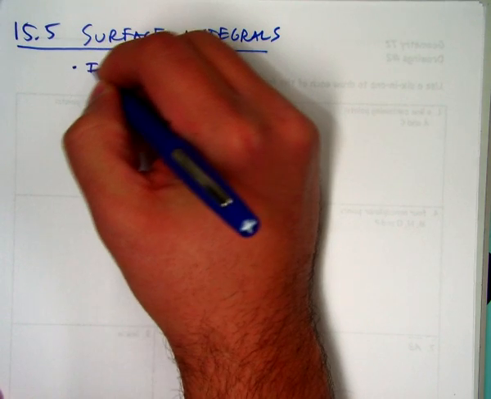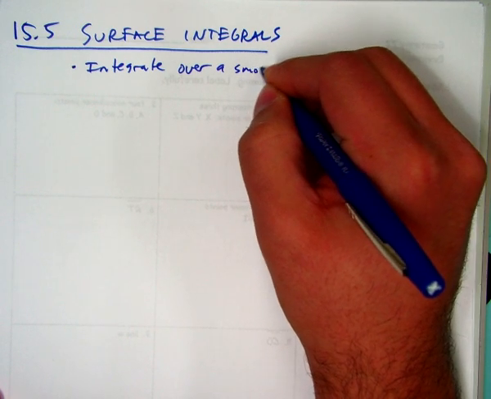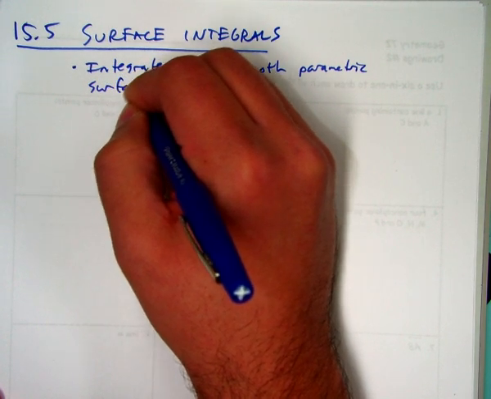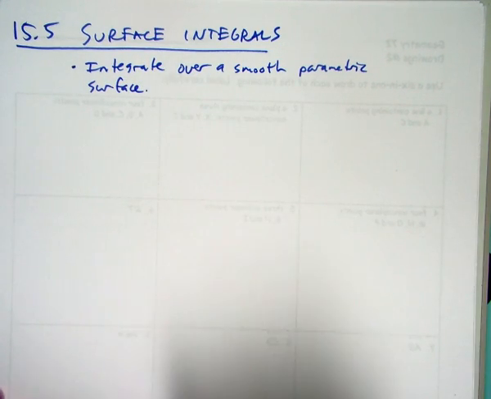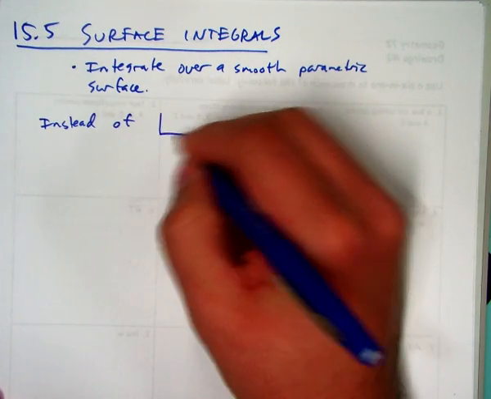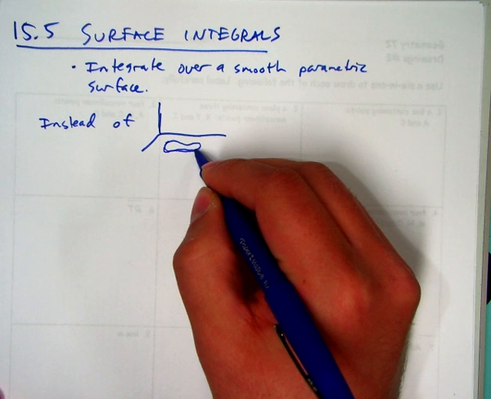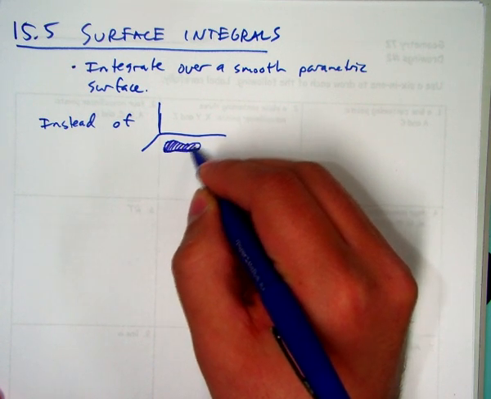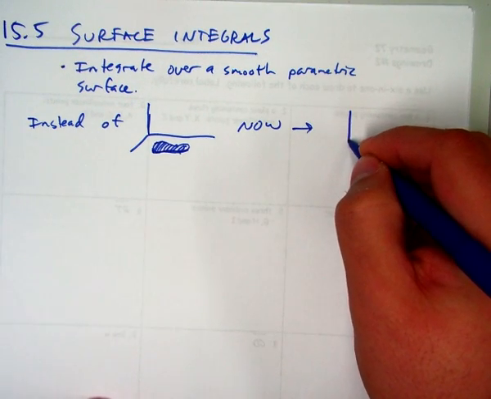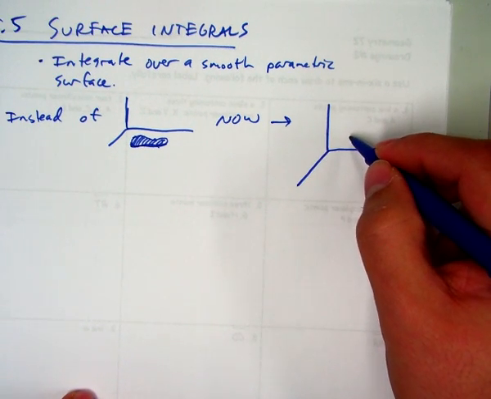The idea here is that we're going to integrate over a smooth parametric surface. So instead of having a little lamina in the xy plane, now what we're going to have is maybe a thin, we can think of it as a thin curved plate.